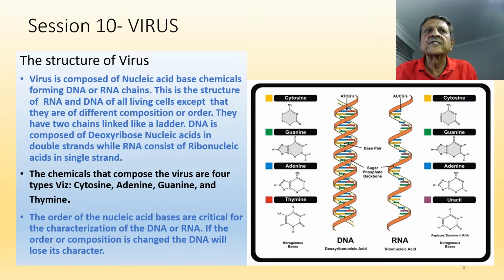It also differentiates a human from a monkey, fish, etc. The order of the nucleic acid bases is critical for the characterization of the DNA or RNA. If the order or the composition is changed, then the DNA will lose that particular character.